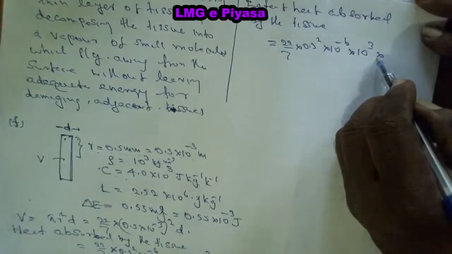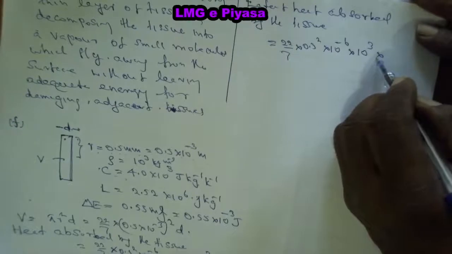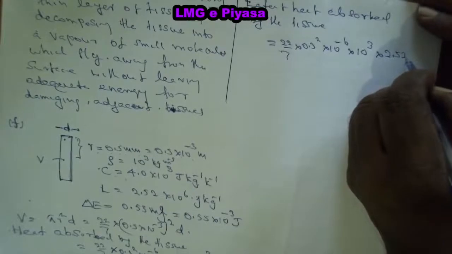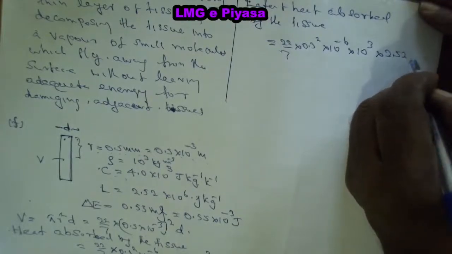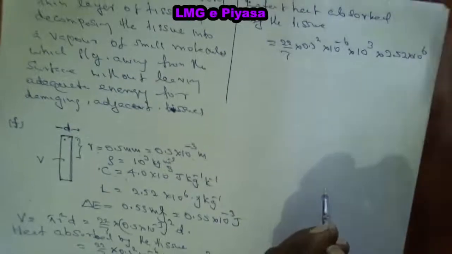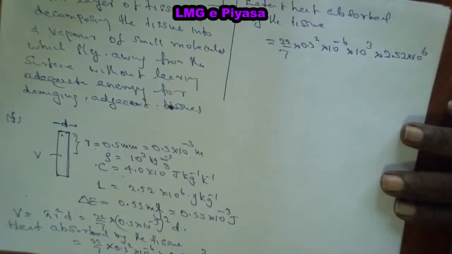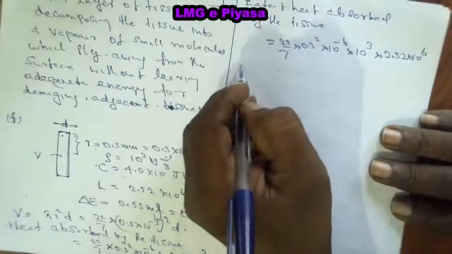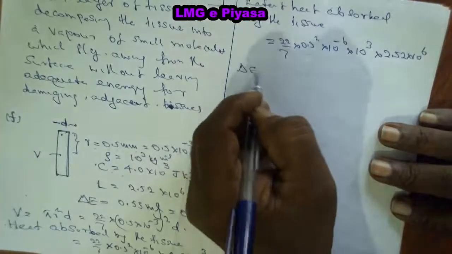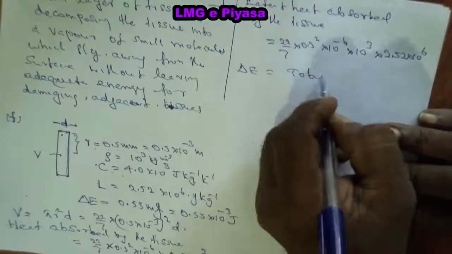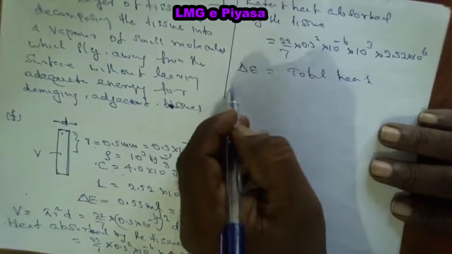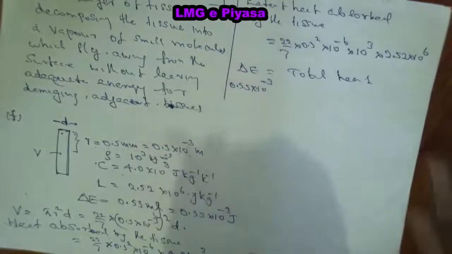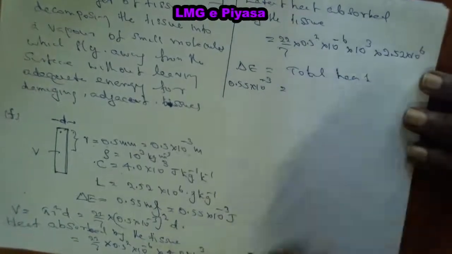So this mass you multiply by latent heat, that is 2.52 into 10 to the power of 6. Then total heat equals delta E. Delta E equals 0.55 into 10 to the power of minus 3 equals sum of these two.